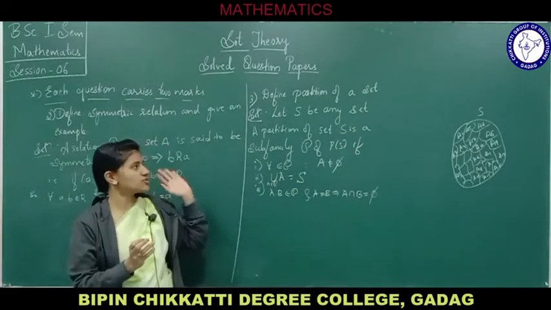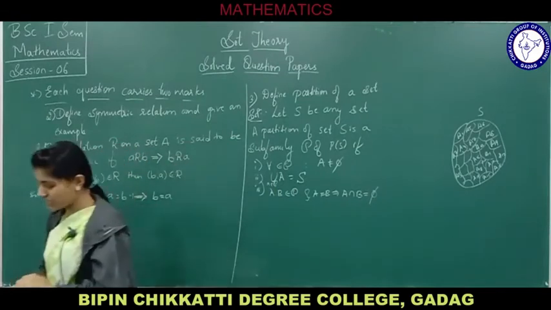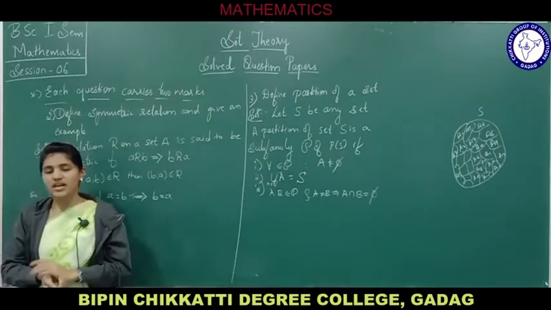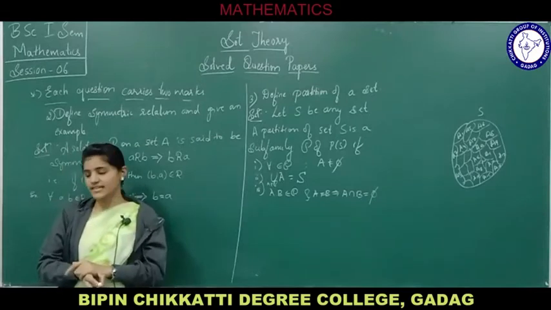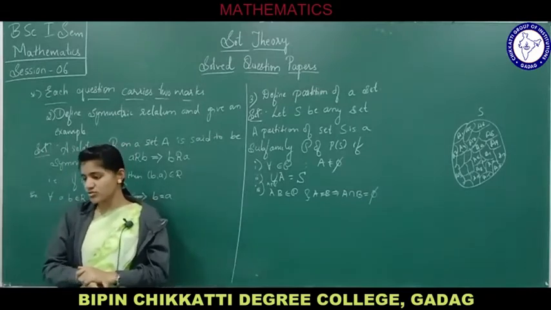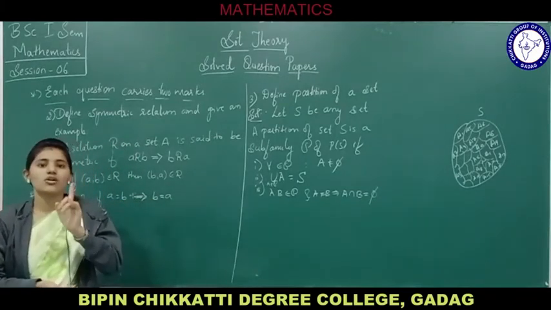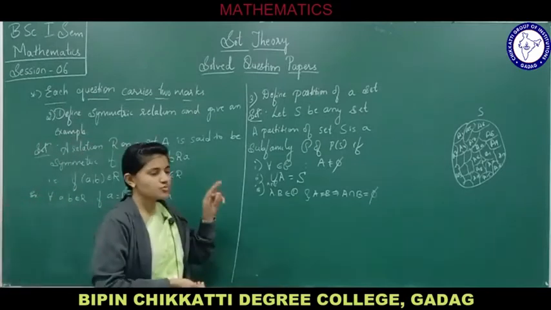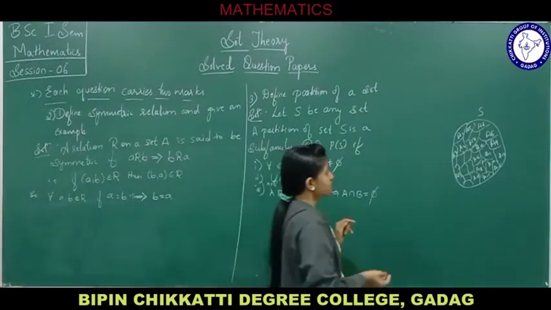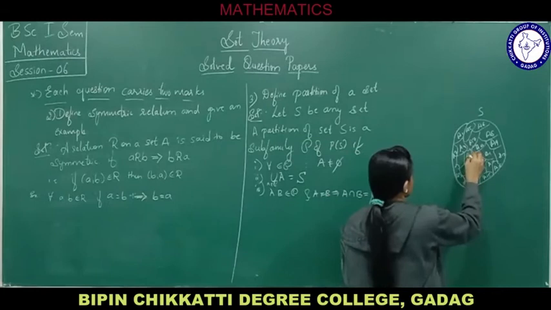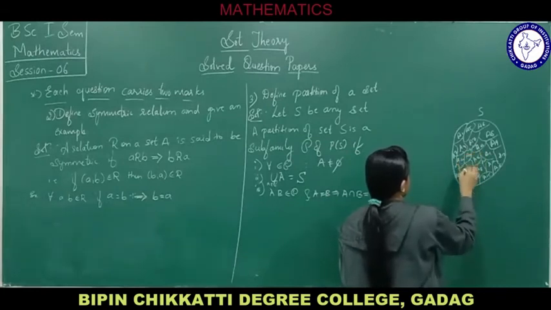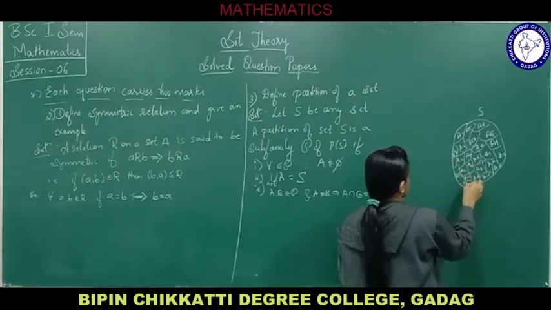Then we say that it is a partition set, in such a way that a partition of a set divides a set into non-overlapping, non-empty sets. The sets should not be empty. A18, A19, A20, 21, 22, 23 and 24.